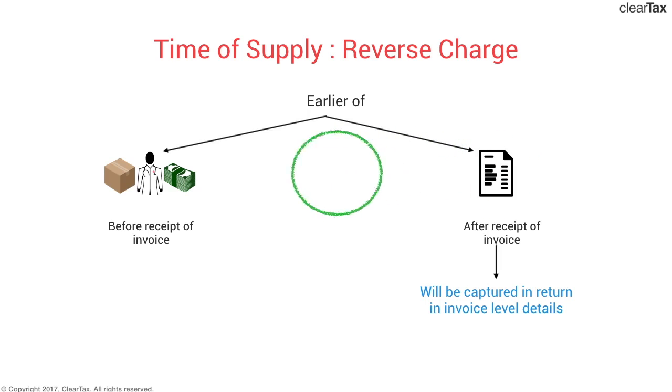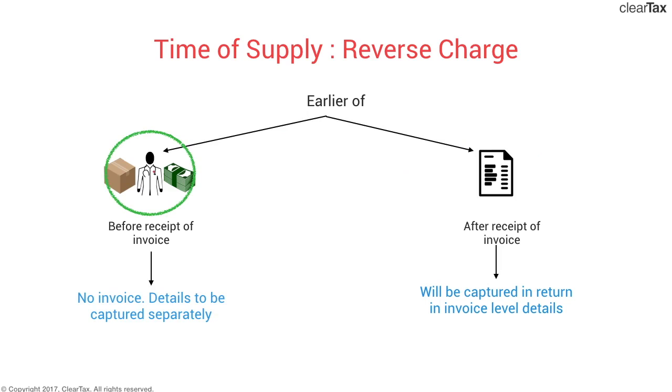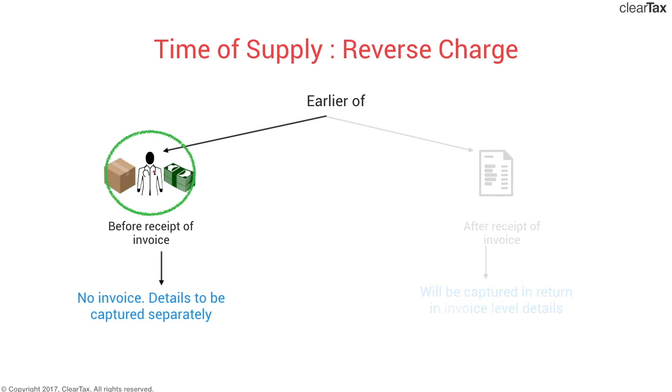But in a situation where the invoice has not been issued, the time of supply has occurred because of the first three reasons, then the details will have to be captured separately. Obviously, if there's no invoice, the transaction level details don't exist and they cannot be auto-populated. That's the reason why this detail the recipient has to fill in separately into GSTR 2.